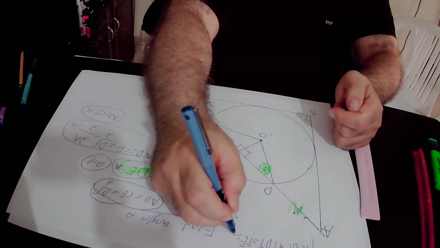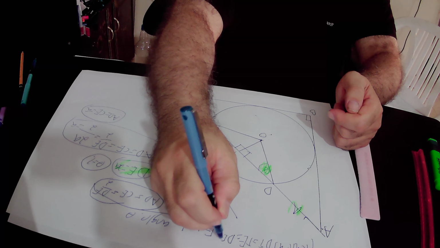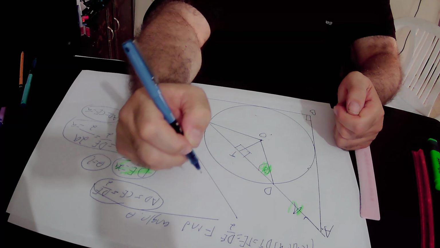So DT equals DE over 2 and TE also equals DE over 2.